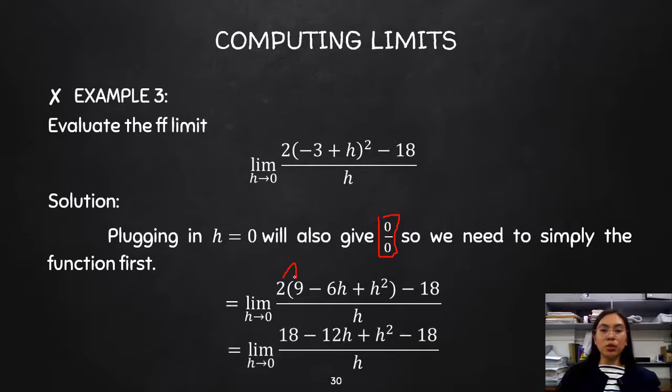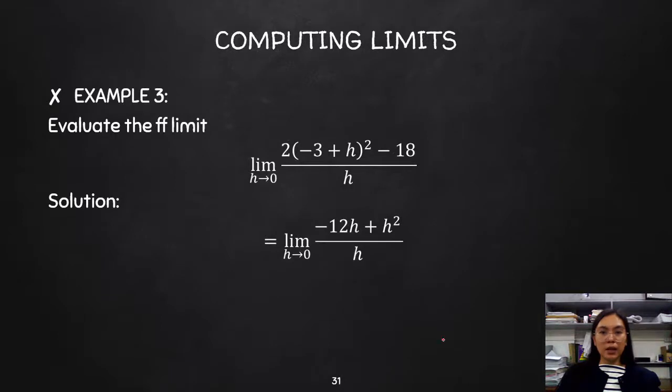And then, you just distribute 2 to the whole quantity to provide you this particular function. So, itong 18 na to, tsaka yung 18 na yun, you can cancel out kasi 18 minus 18 is 0.